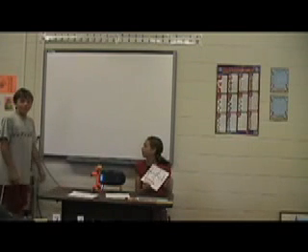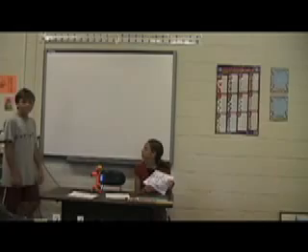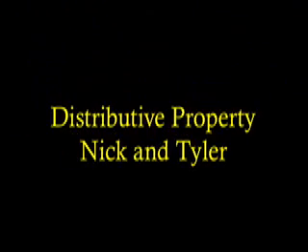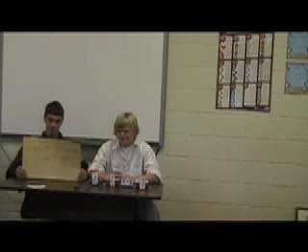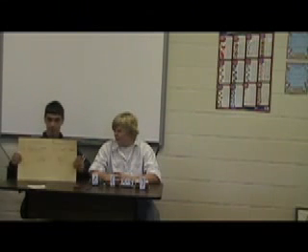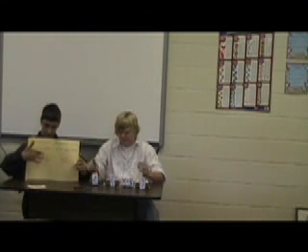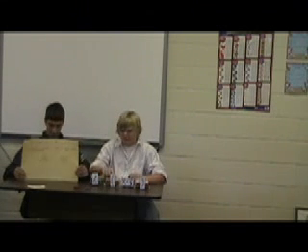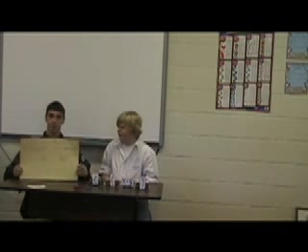Mathematics. Save 15 minutes on your homework by knowing your properties. Okay, we have the distributive property, the power to distribute numbers. This property is when you have two numbers inside of parentheses and you multiply the number outside by each number inside and then add them together, as seen on the poster.